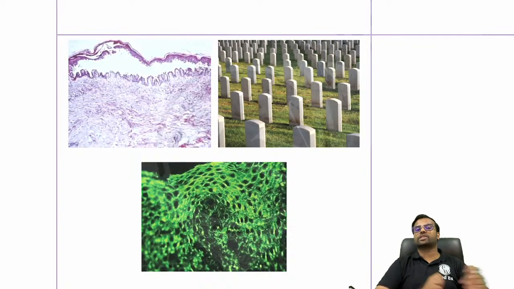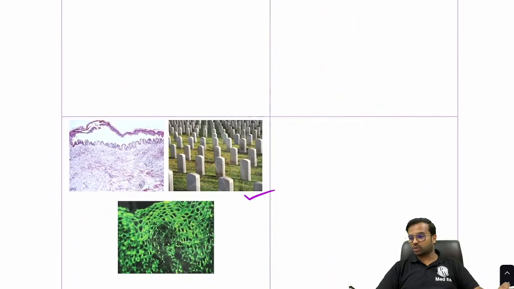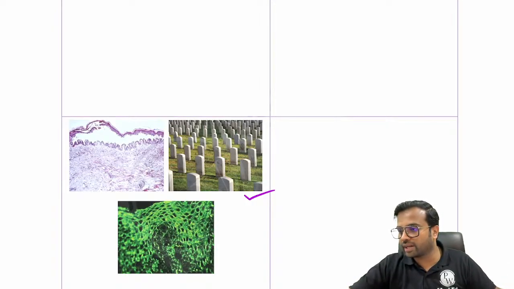Now see these images and tell me one by one what these findings are. Why did I give you an image of a graveyard when it comes to pemphigus vulgaris? Why an image of a graveyard in pemphigus vulgaris?